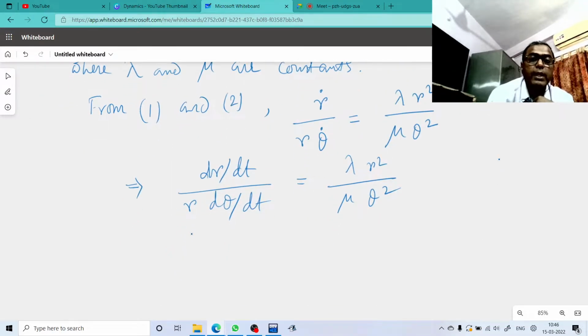So separating the variables, dt cancels, so mu dr by r cube equals lambda d theta by theta square.